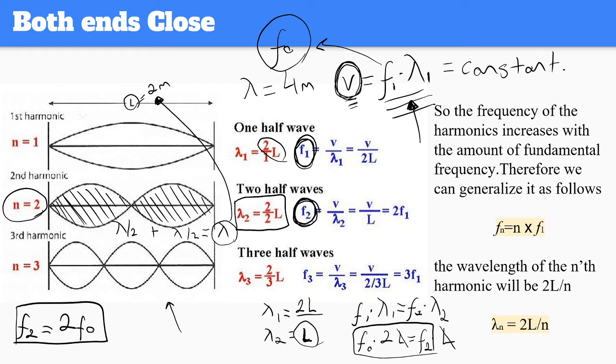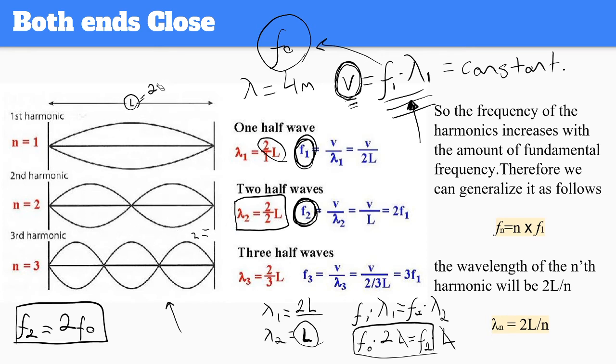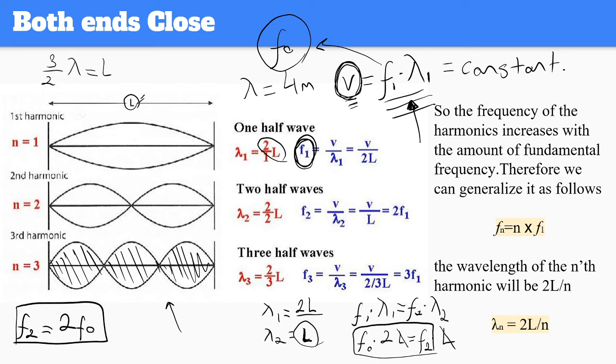So if you want to continue with the third one, then what are we going to have for this case? Now I have 3/2 of a wavelength. So what does that mean? 3/2 of the wavelength is equal to L. Then what is my lambda 3?